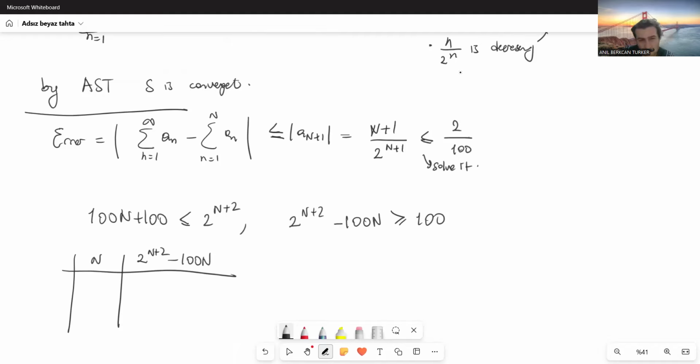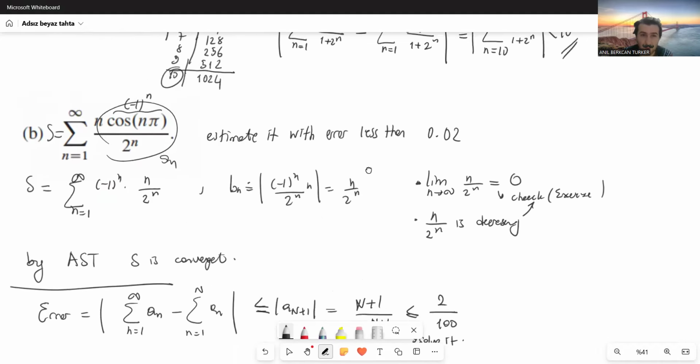When N is very small, 1, 2, 3, 4, 5, this will not hold. Okay, let's try very big numbers. For example, try 10. Okay, 8. Maybe 8 is nice. When N is 8, it's like 2 to the power 10, but I don't recall 2 to the power 10.